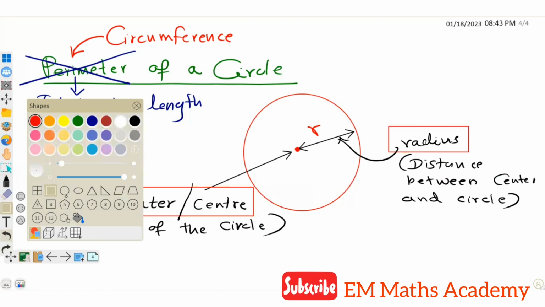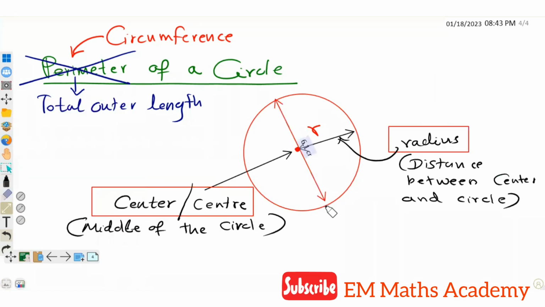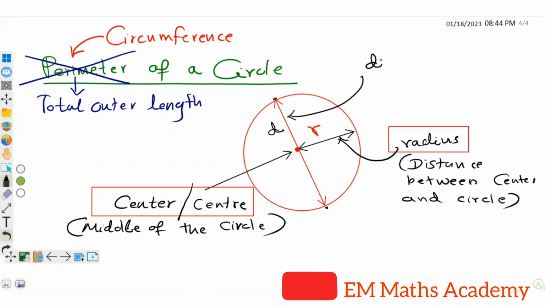What is it? The distance between two points of the circle which passes through the center. Now if we go through the center from this point to this point, then this distance is defined as what? It is the diameter. Okay, diameter.